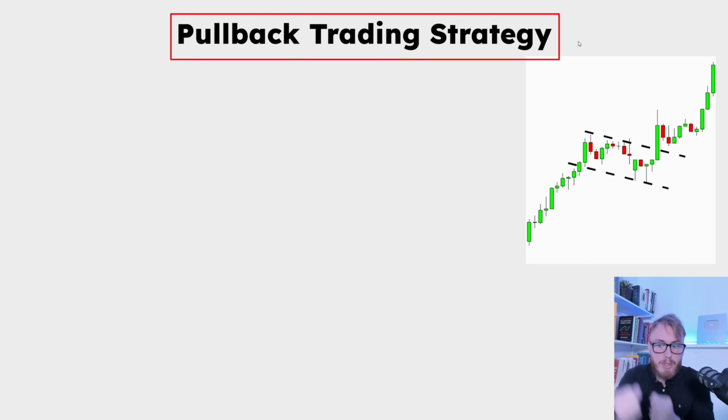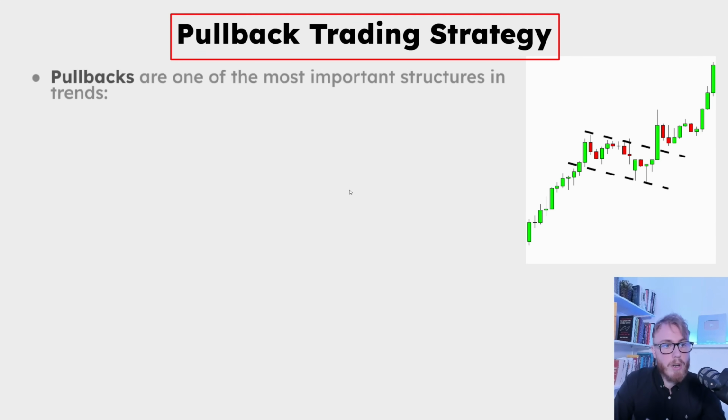And remember, impulsive moves are these strong moves that go in the same direction as the trend. So this can often be a favorable position to enter in the market. But before we dive into the charts here, let's take a look at a brief overview of the pullback trading strategy.